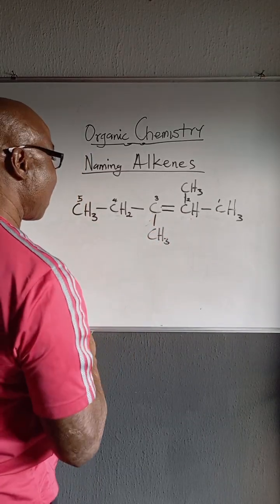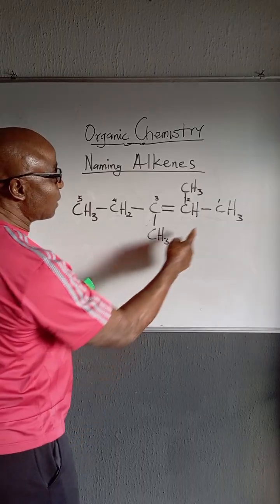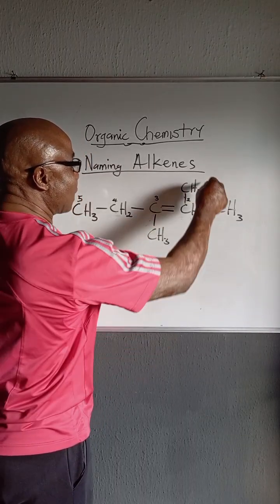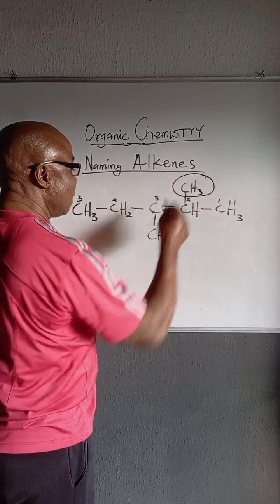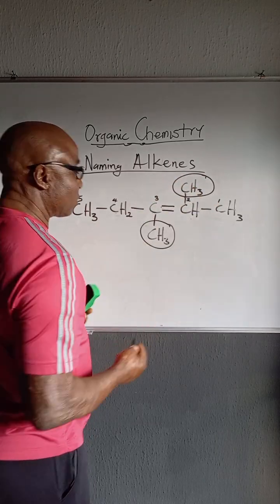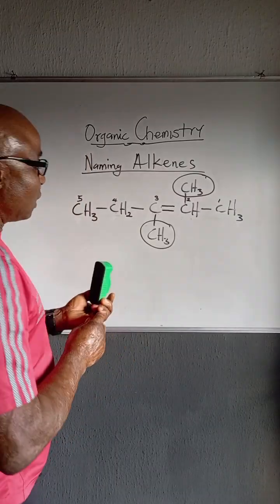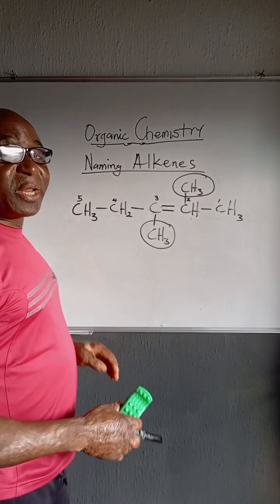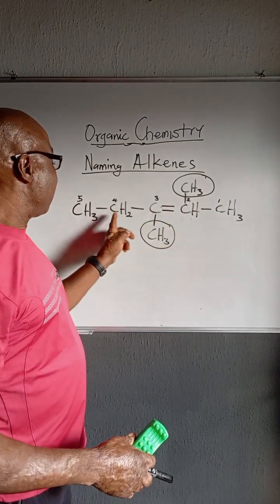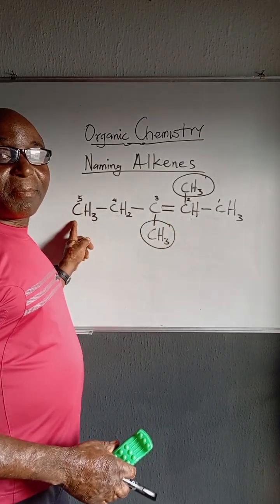Having done that, we discover that the second carbon has a methyl group. The third carbon, as we continue, has a methyl group. Then, what is the parent chain? 1, 2, 3, 4, 5. Pent.